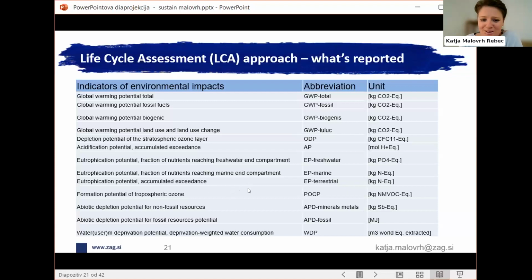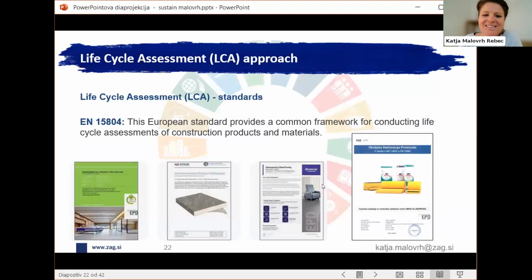And for sure, we are also assessing water deprivation potential or water total use, or just different kinds of environmental aspects for the water. So that's on the fly, just to know what you can expect as a result out of the LCA.